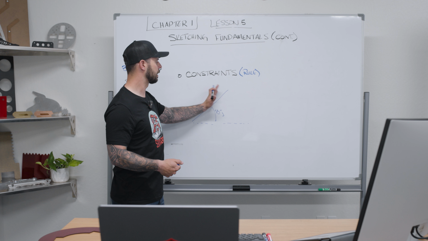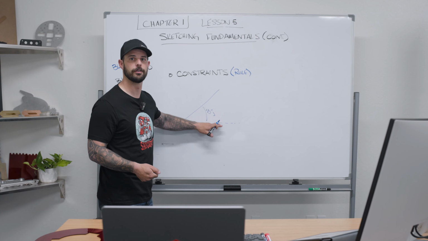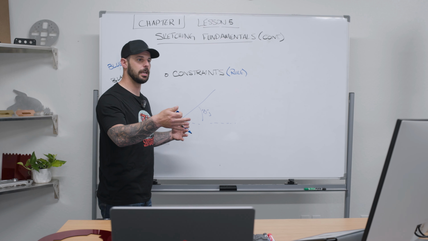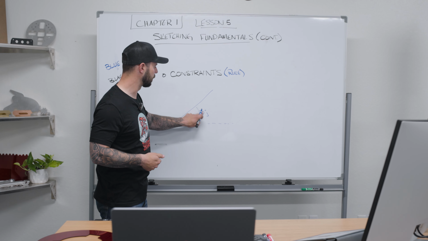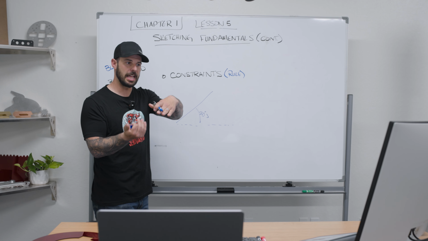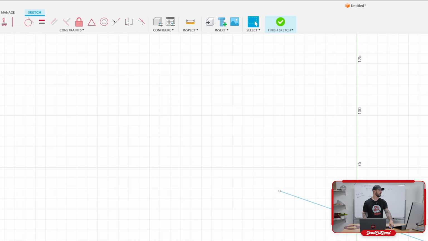So if you're going to use that constraint, you need to have the line relatively close to the direction you want it to go. These lines are probably about 20 degrees, so if I click on one of them, it's going to flatten it out to be horizontal. So let's bounce back into the CAD and do that.